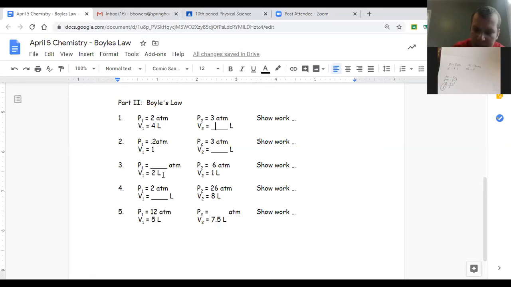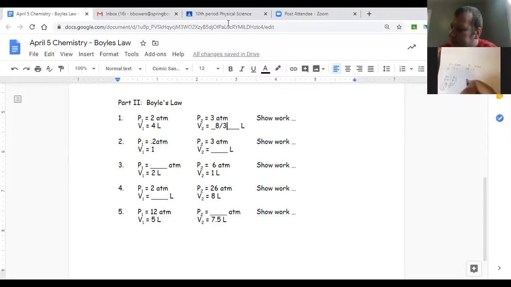So number 1, 8/3. Or if you want to type, you might have got 2.667, 2.6 repeating. You can put that as well. All right. I'm going to do one more example problem. Number 2. Same setup. Same exact one.